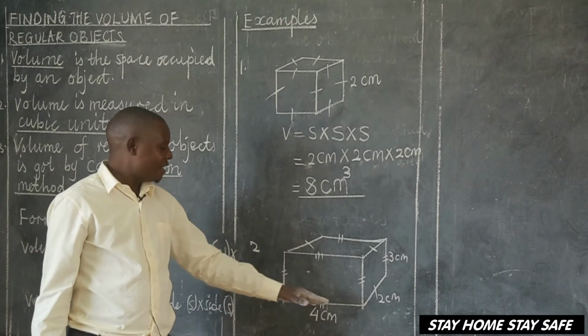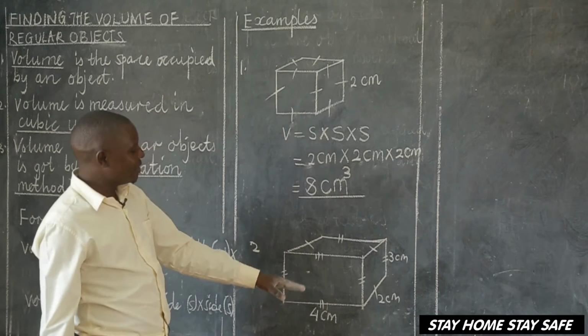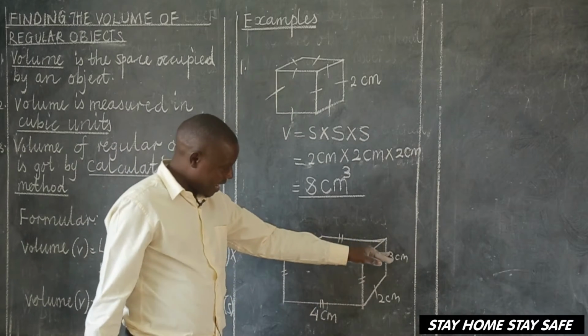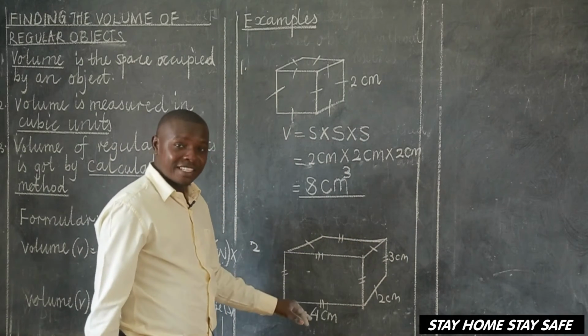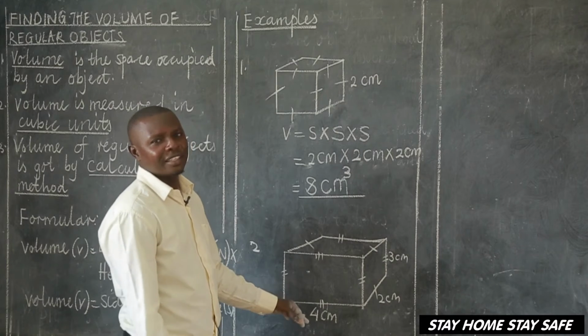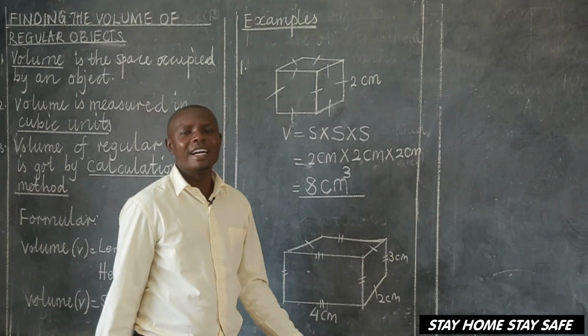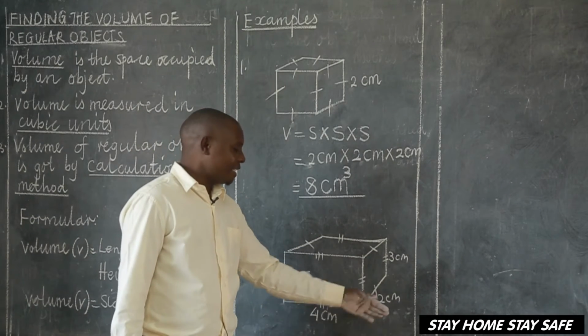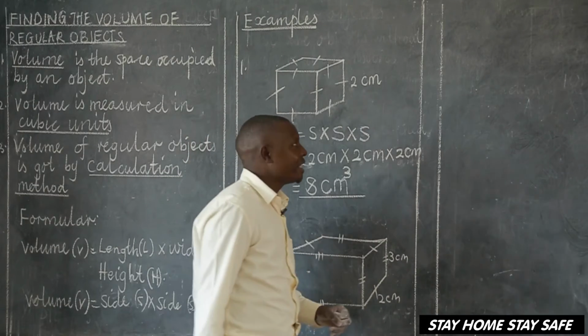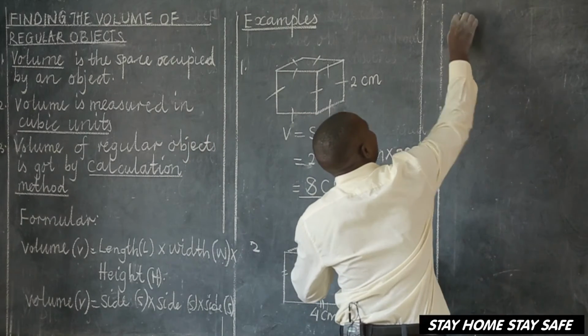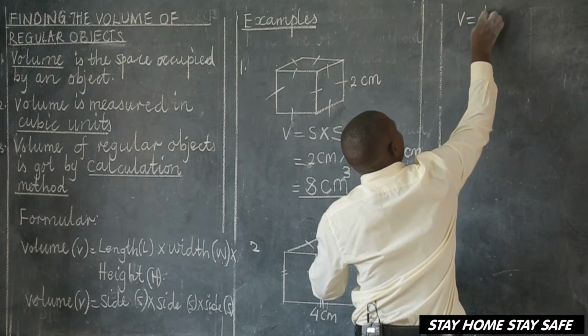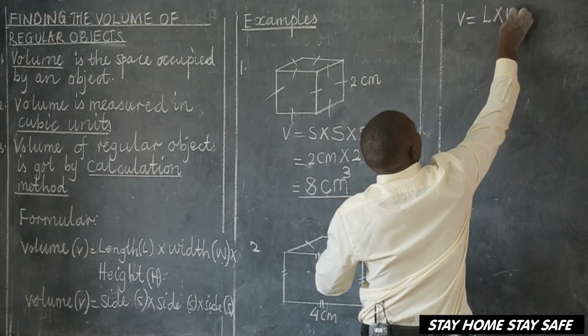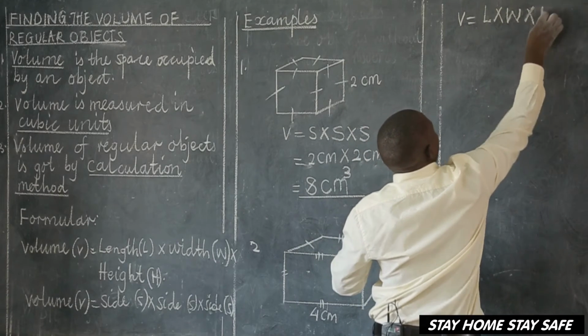One is longer, one is longest. The longest side becomes the length. The one that is standing becomes the height. The one that is flat down is the width. So we shall say volume is equal to length times width times height.